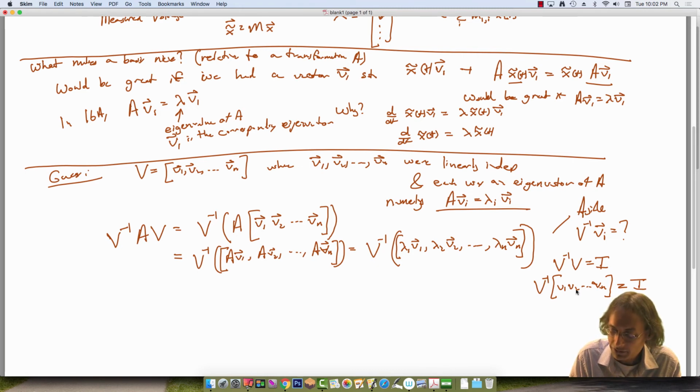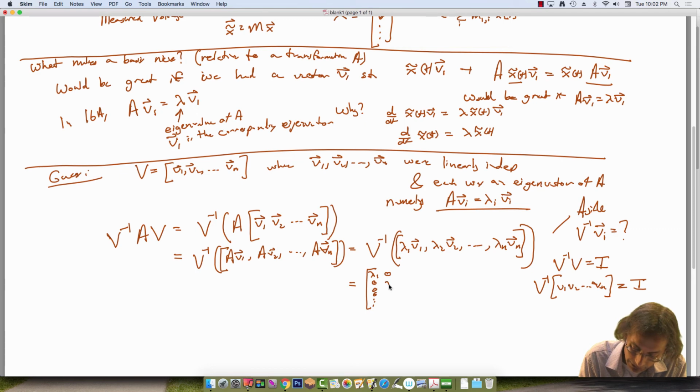But if we want to know what V inverse times any one of these is, we just have to look at the appropriate column of the identity. So this is just the first column of the identity times lambda 1, the second column of the identity times lambda 2, the third column of the identity times lambda 3, and so on, all the way to the last column of the identity times lambda n.